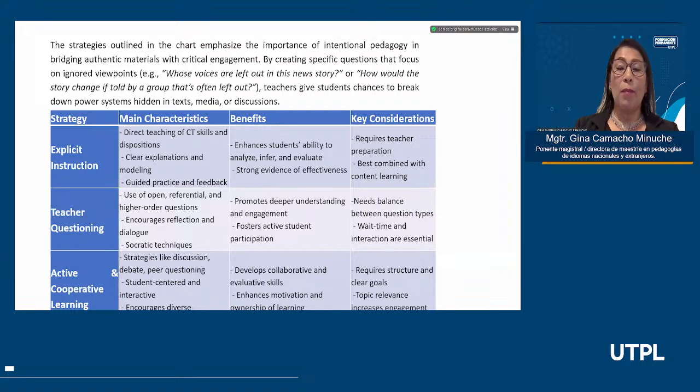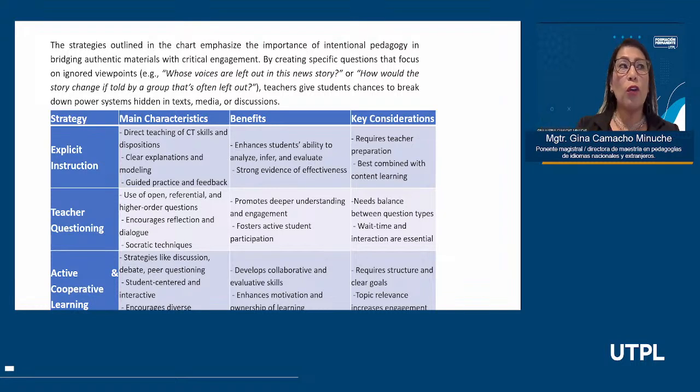Maybe you have heard about SOLO taxonomy. It is kind of similar to Bloom's taxonomy, but it differs because it presents students with questions that go from the unistructural level, then to the multistructural one, to relational, and to extended abstract.